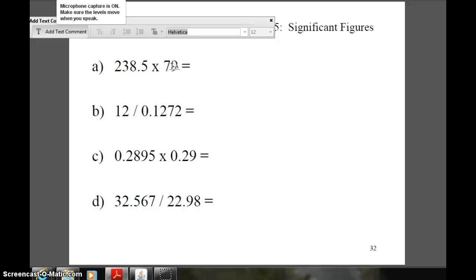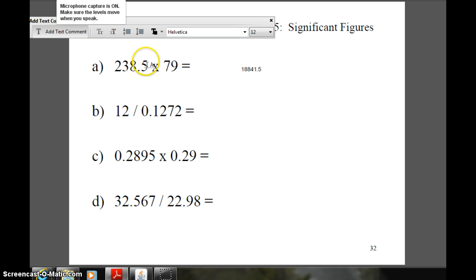So on my calculator, I'm going to plug in 238.5 times 79, and the answer that I'm getting here is 18841.5.